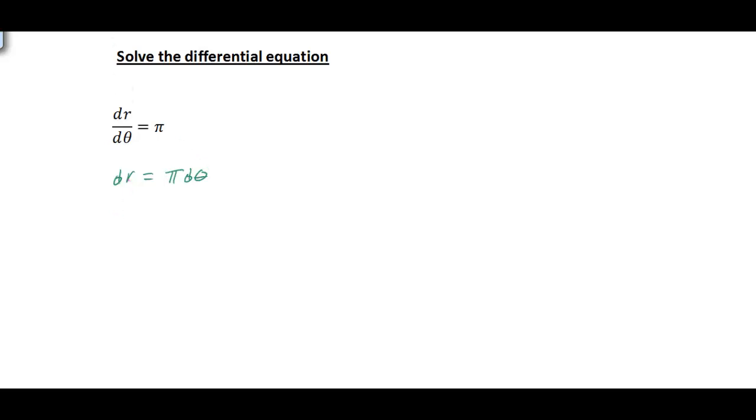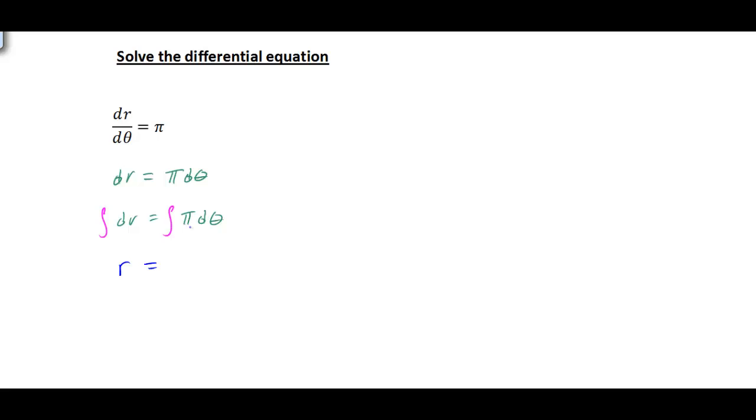And once again, we want to solve for r. So that means we need to integrate dr equals the integral of pi d theta. And of course, if we integrate dr, again, that's understood to be 1 dr, so that's simply r equals the integral of pi d theta.